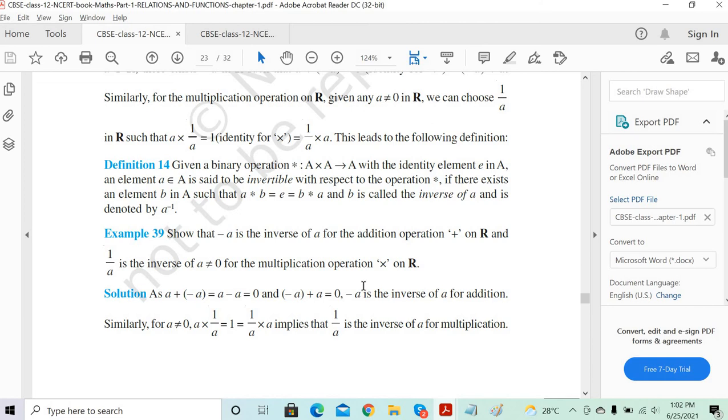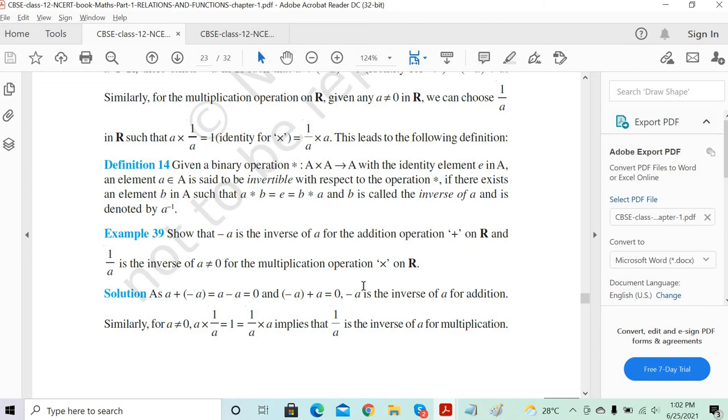Clear? Getting it? Yeah, I'm getting it. Understood this part? Any questions, any doubts?